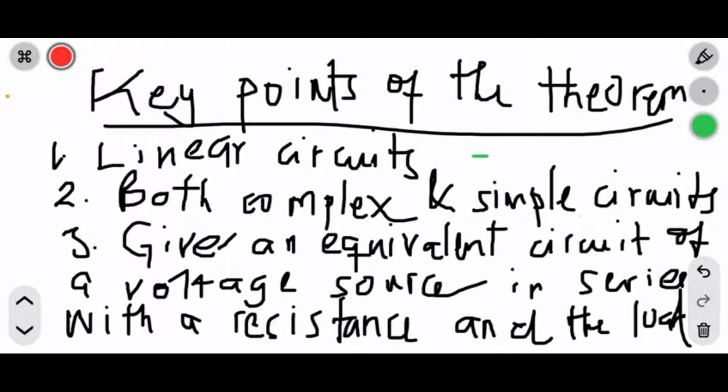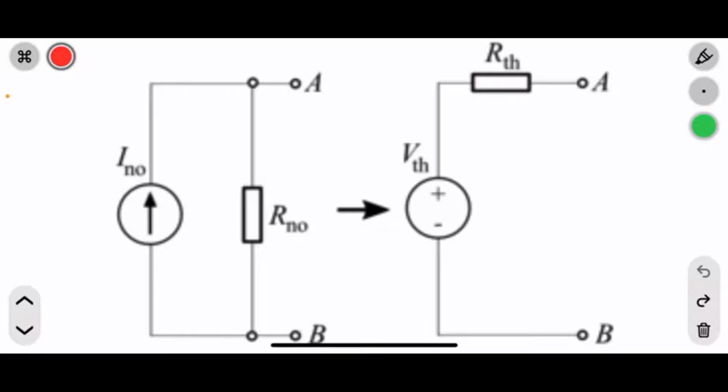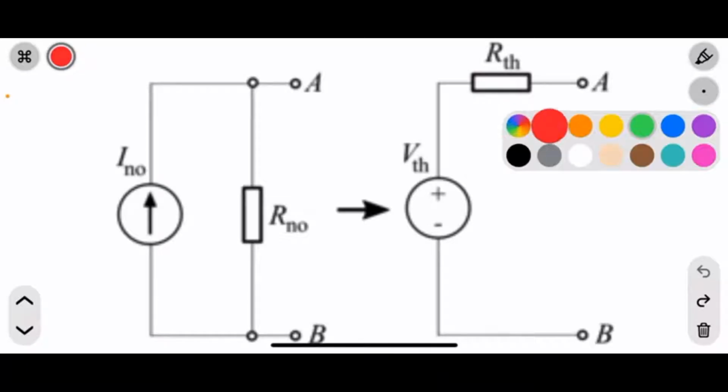It works for the simple ones we are aware of. And three, the main aim is to give an equivalent circuit consisting of a voltage source which is in series with a resistance and a load. You get me?